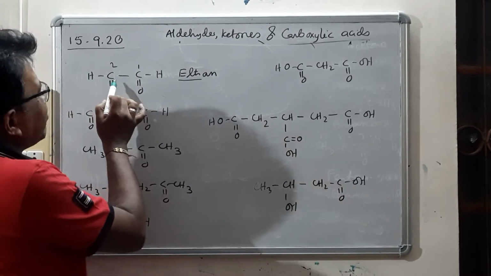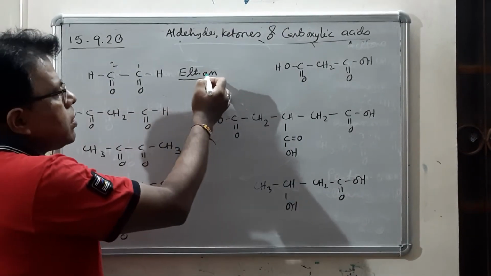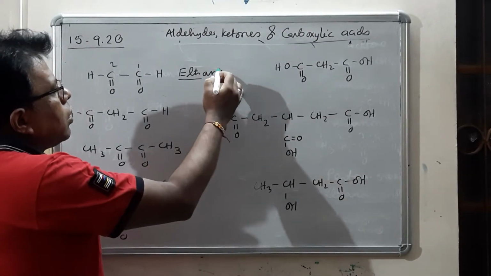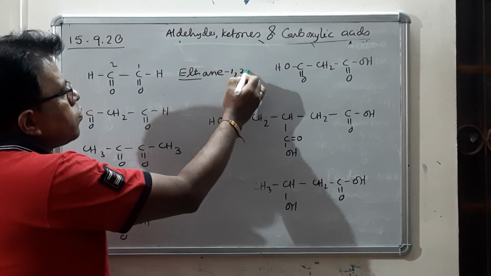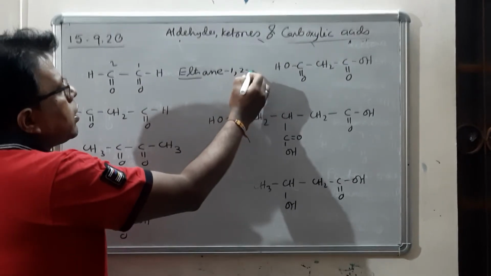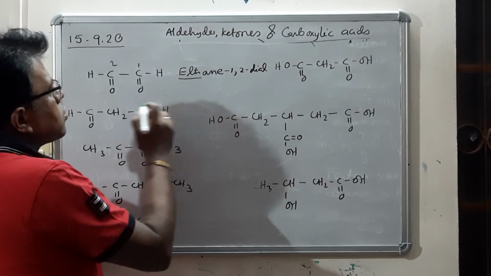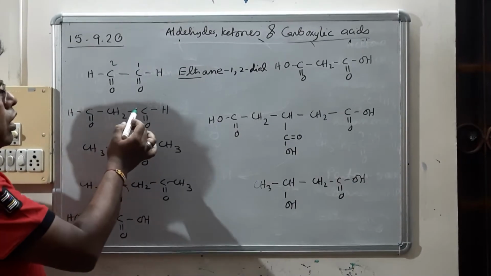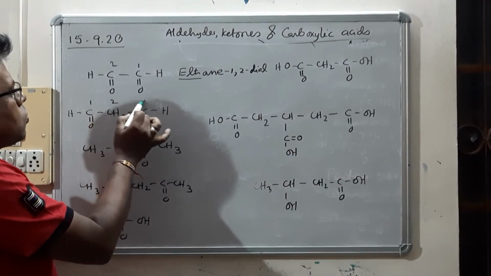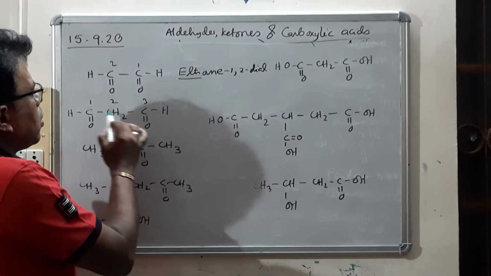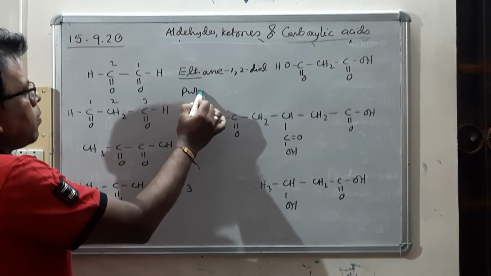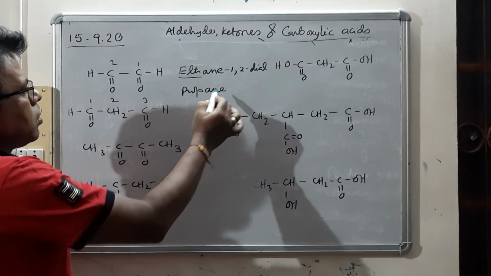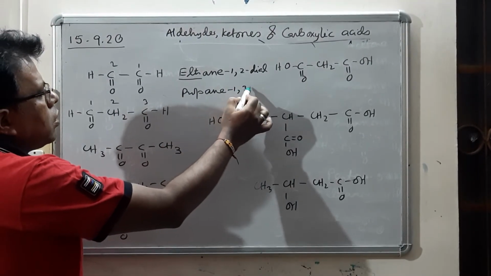Now here, in case of two functional groups, we have to write ane also. So ethane 1, 2, there are two aldehyde groups, so dial. So the name of the compound is ethane-1,2-dial. The name of this compound, 1, 2, 3, so the word root is prop, primary suffix ane, propane-1,3-dial.